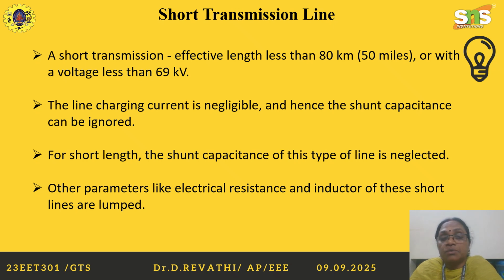Now we have to see the short transmission line in detail. Below 80 kilometers, it is a short transmission line, and the voltage is less than 69 kV, with negligible line charging current.